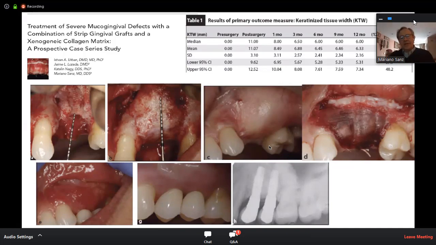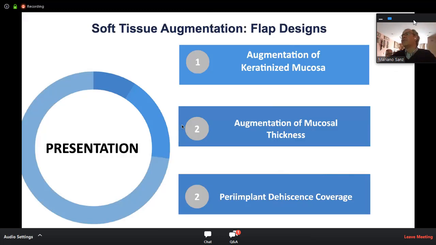And this is a report that I wrote together with Itzel Urban, in which, in a situation of large vertical ridge augmentation and advancement of the vestibular flaps, there is no keratinized tissue at all, and we can develop large areas of newly keratinized tissue by blocking the apical part with these strip grafts.